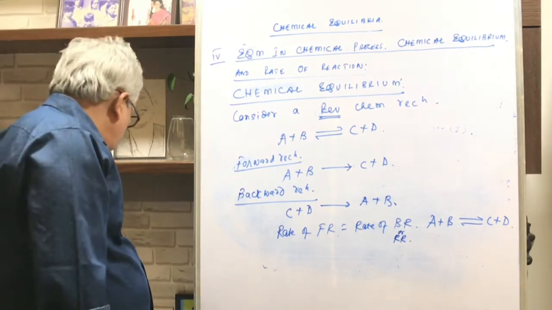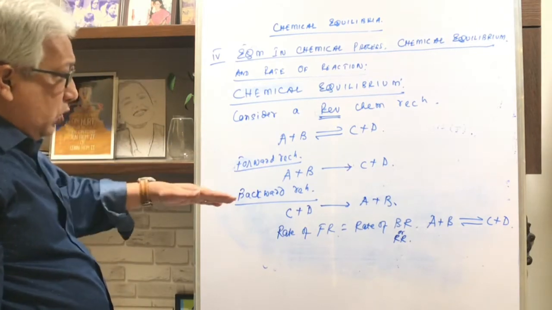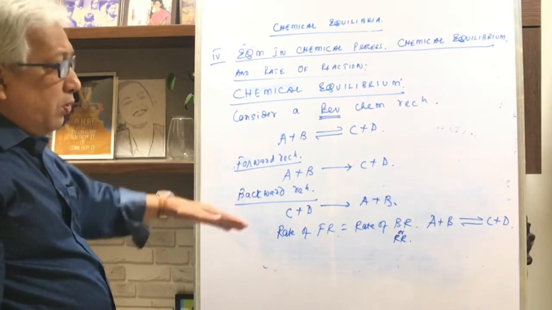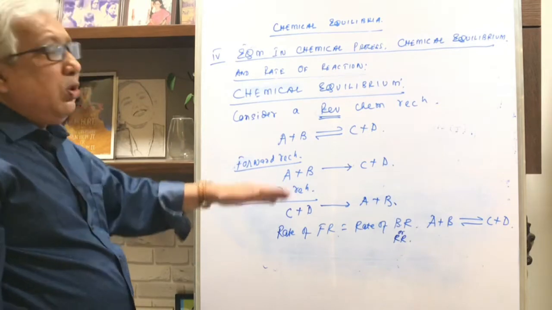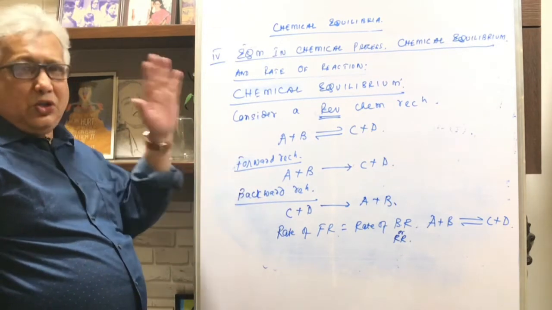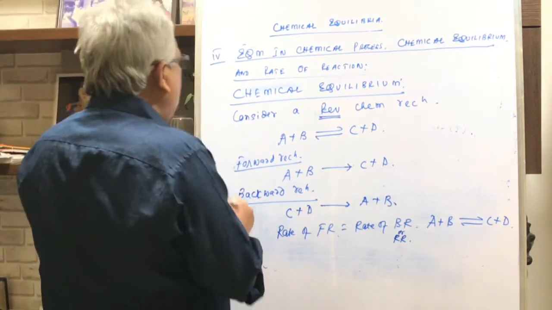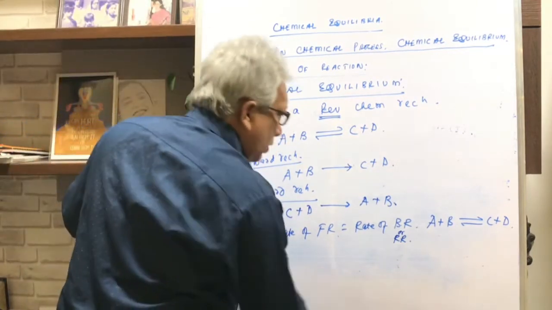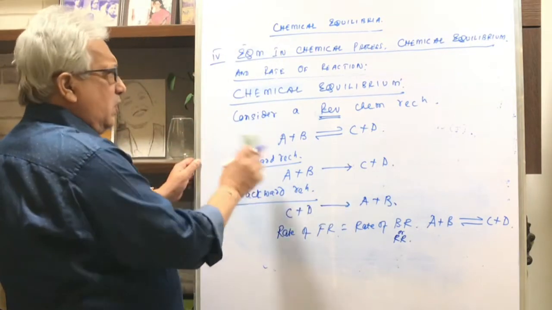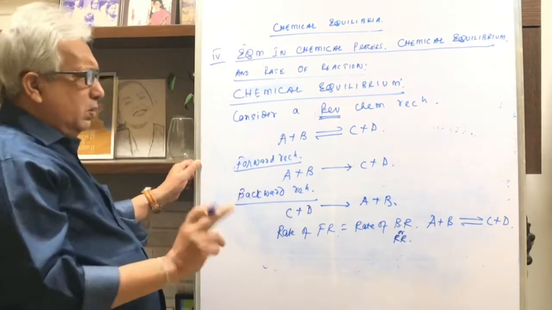Is that okay? So the state at which the rate of forward reaction becomes equal to the rate of backward reaction, we say the equilibrium is achieved. Now let's give the definition of chemical equilibrium. You can use your own language and talk about the definition.